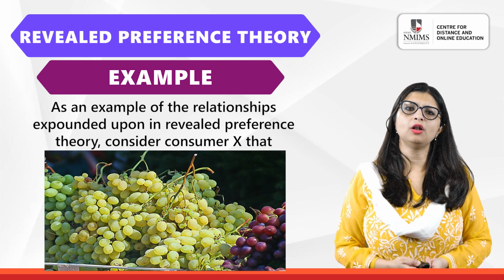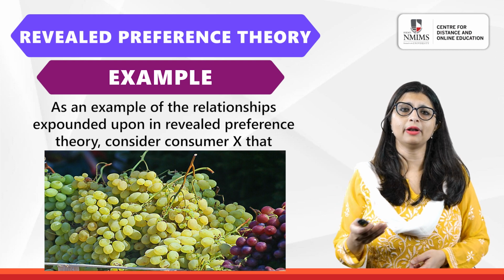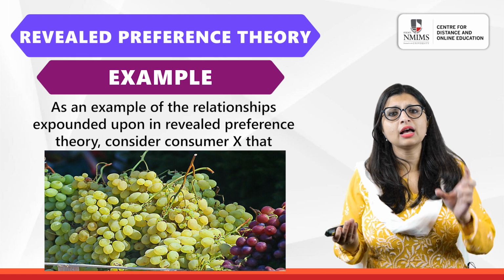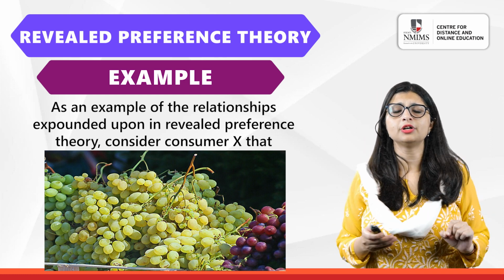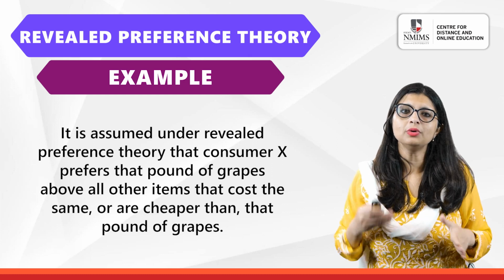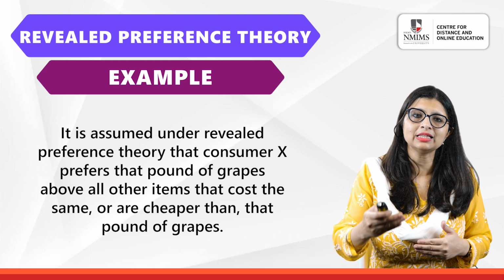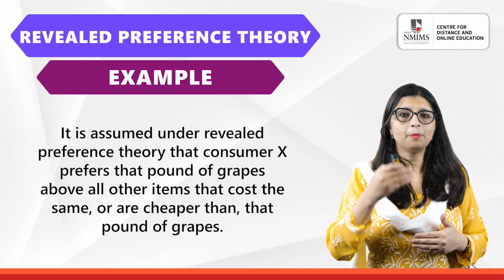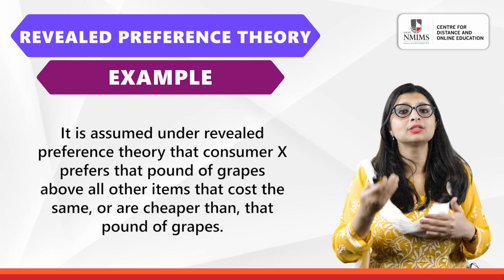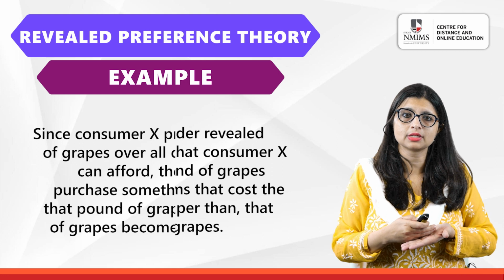As an example of the relationship expounded upon in revealed preference theory, consider, let's say, consumer X, who purchases a pound of grapes. It is assumed under revealed preference theory that consumer X prefers that pound of grapes above all items that cost the same or are cheaper than the pound of grapes.